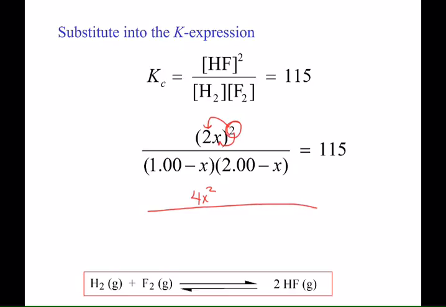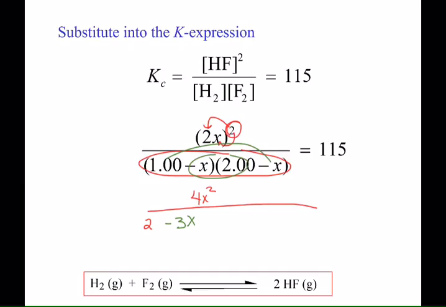In my denominator, it's kind of the smiley face thing, where I multiply these two terms together. I take the number 1 times 2, and I get 2. I'm not going to worry about the decimals at this point. Then these two terms, the minus 1x combined with the minus 2x, give minus 3x.